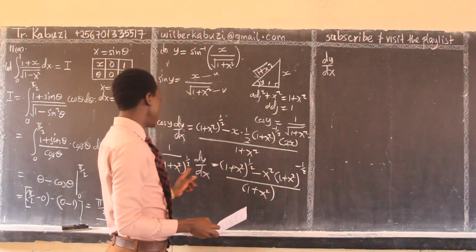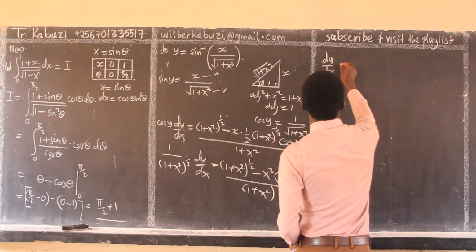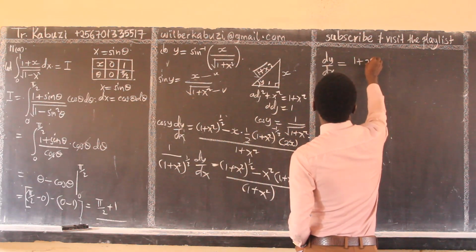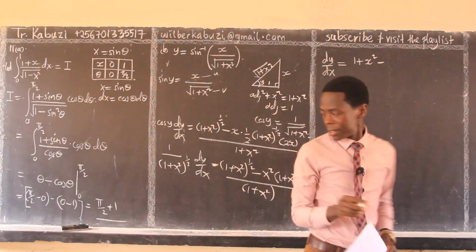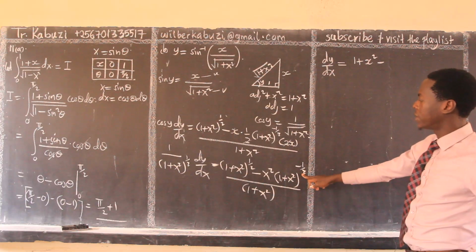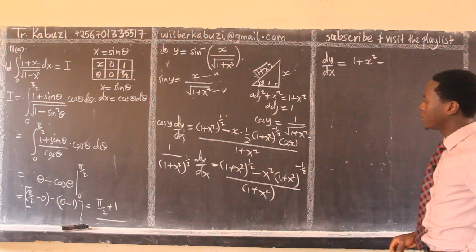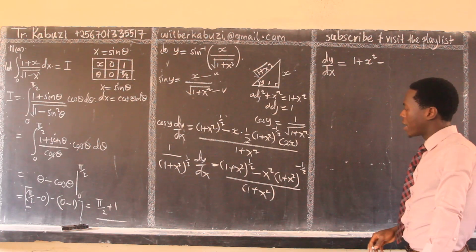And multiply this here, you add the powers to get 1 plus x squared to the power, when I multiply this here, you see they are the same brackets, so I'll add the powers. A half plus negative a half will give me power 0.